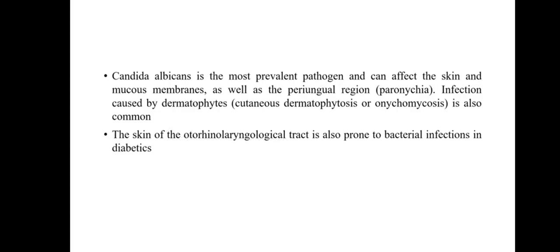Candida albicans is the most prevalent pathogen, and it can affect the skin and mucous membrane as well as the preungual region. We saw those photographs yesterday as a part of our nail infection cases.